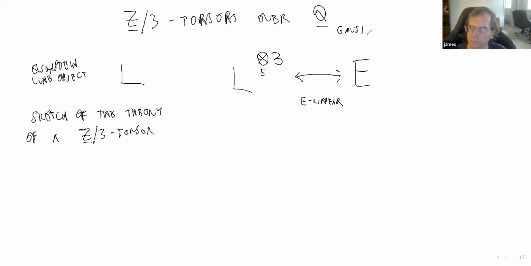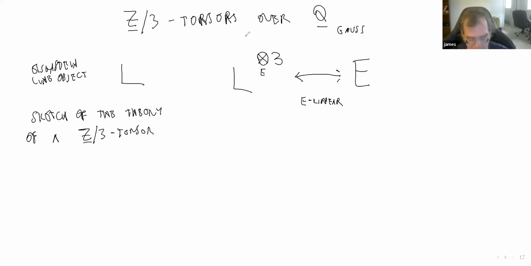And the Z mod 3 torsor, what am I trying to say? The representation category splits over the Eisenstein field, and that's exactly where it splits. And that makes the description of the torsor very simple.